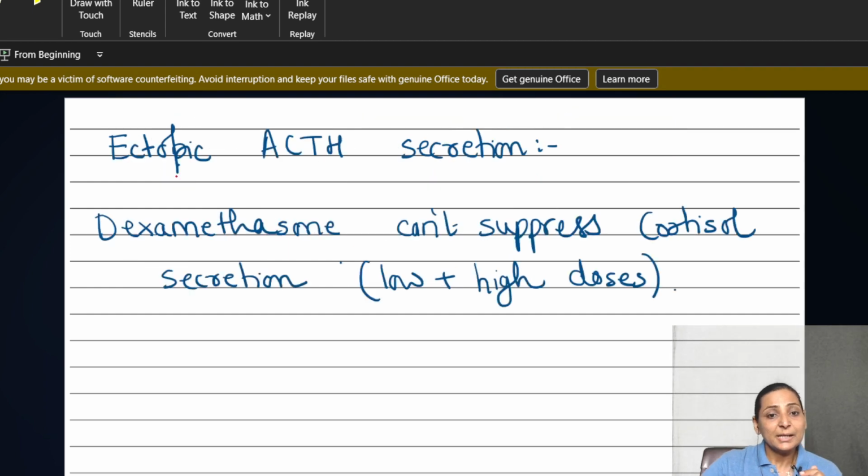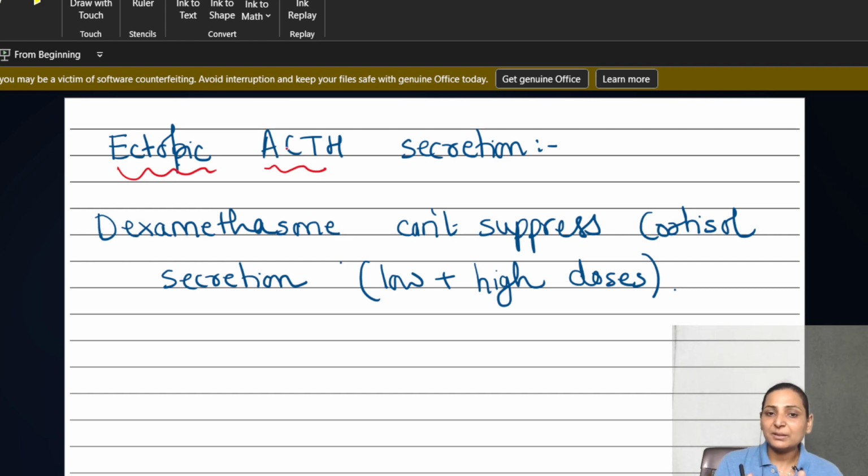Finally, if it is an ectopic ACTH secretion, ectopic means it is not coming from the pituitary or it is not related to the adrenal gland, but it is because of some tumor. In such conditions, if you give dexamethasone, it cannot suppress cortisol secretion. Even a high dose will not suppress and even a low dose will not suppress, because the excess cortisol is coming from an ectopic source of ACTH.